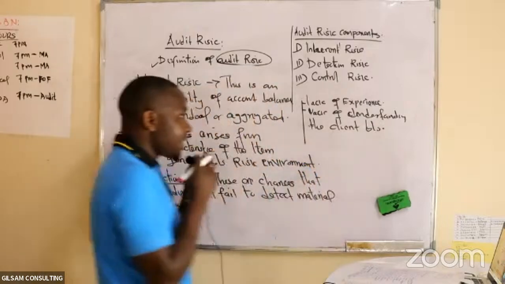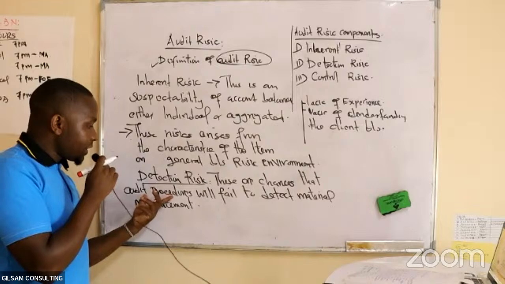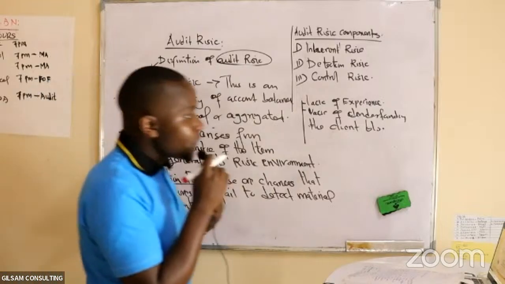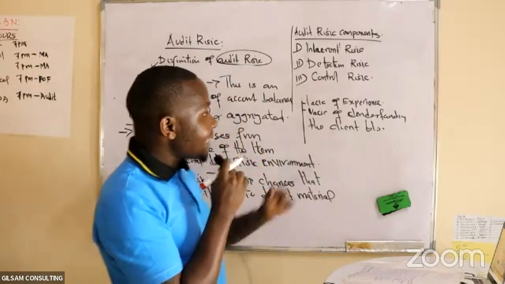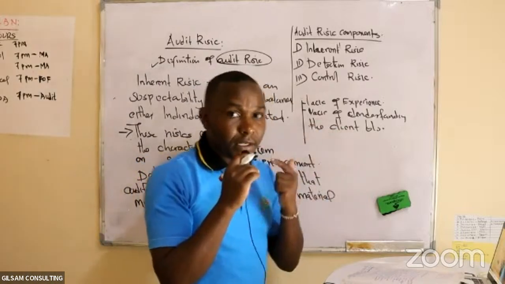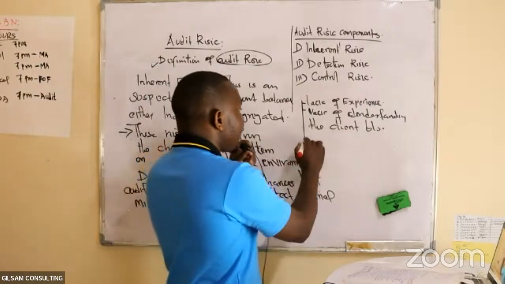If you don't understand the client business very well, then you end up drafting audit procedures which will not capture all the audit risk of the client. So you must understand the nature and the business of the client.